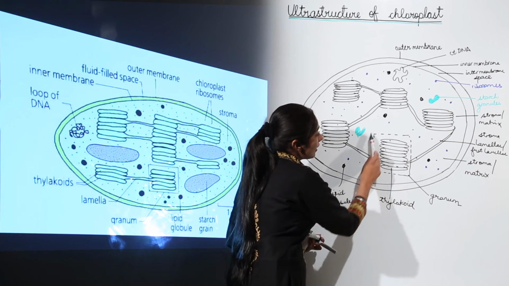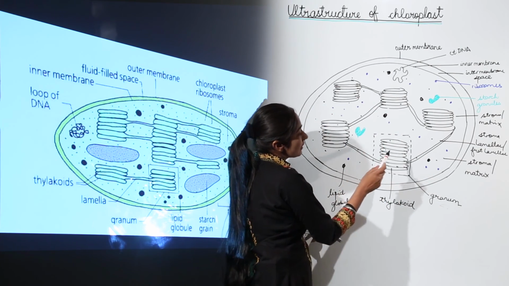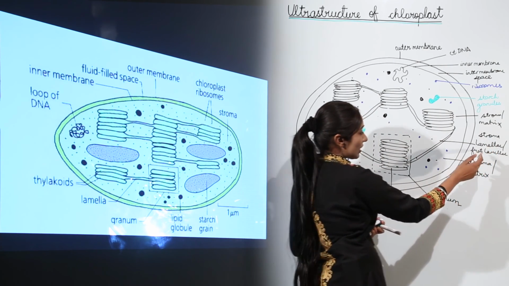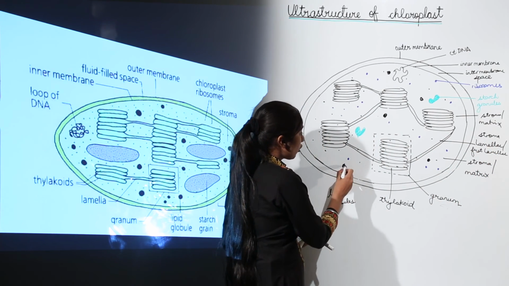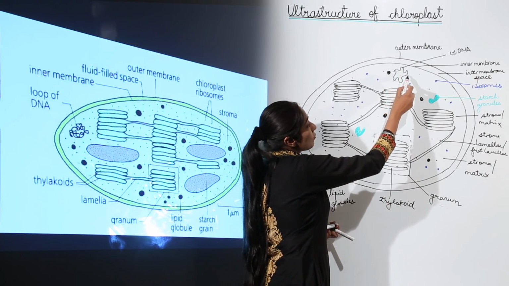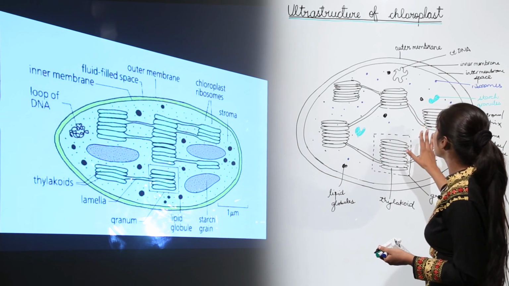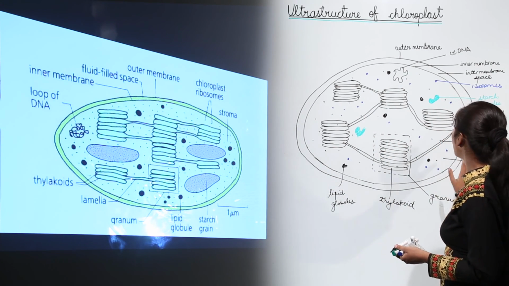One thylakoid stack is known as a granum, and these grana are joined by these lamellae, the stroma lamellae, or you can say fret lamellae, and we have lipid globules also, starch granules also, ribosomes also, and this chloroplast DNA also. I hope that when you draw this, the diagram is going to be very clear to you.